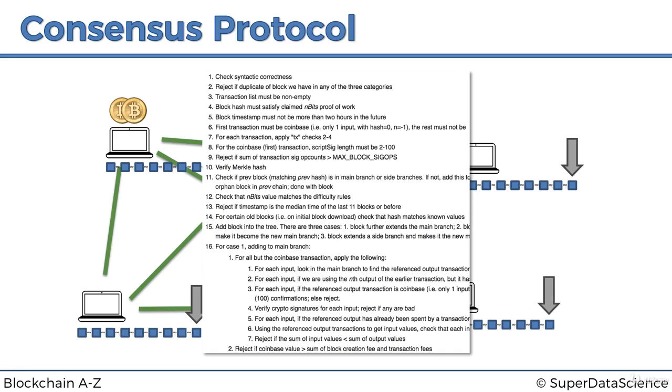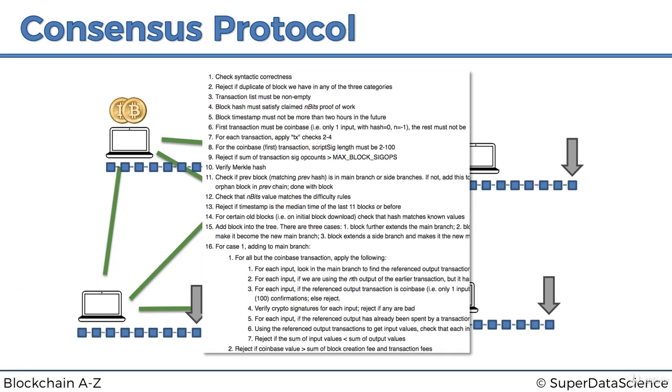They check the Merkle hash. They check that the previous block matches the previous hash field in the main block. They check the timestamps. They check the transaction list must not be empty. They check lots and lots of things. So as you can see here, it's very, very detailed.